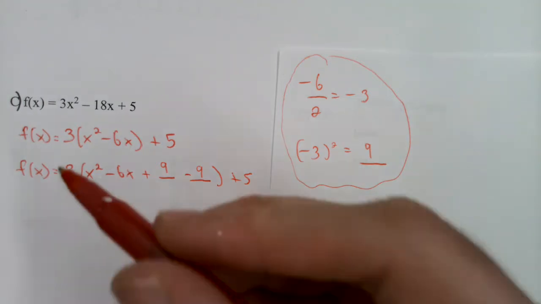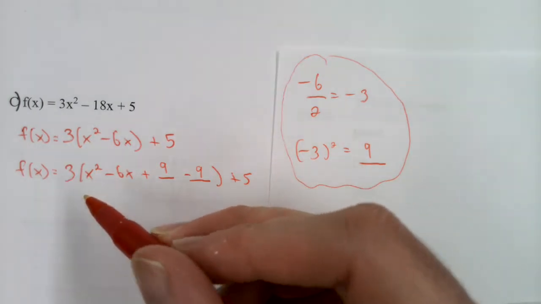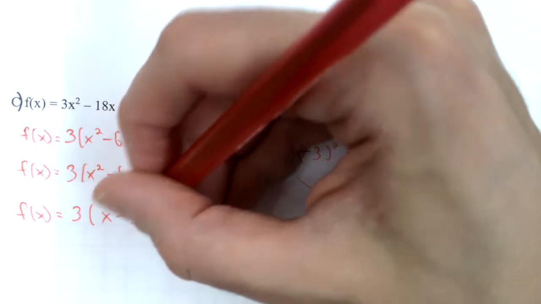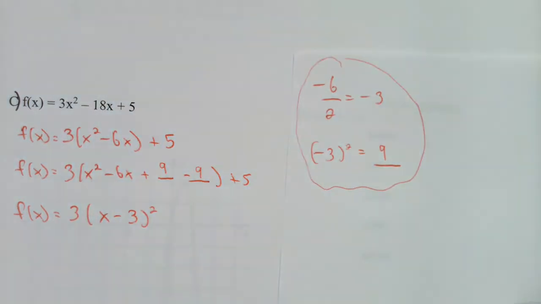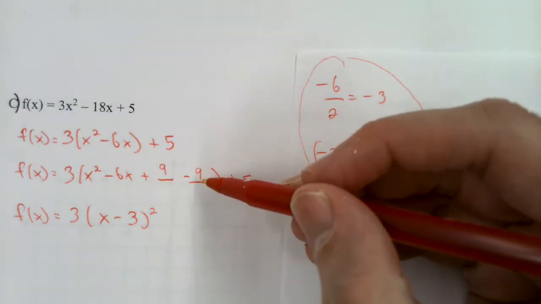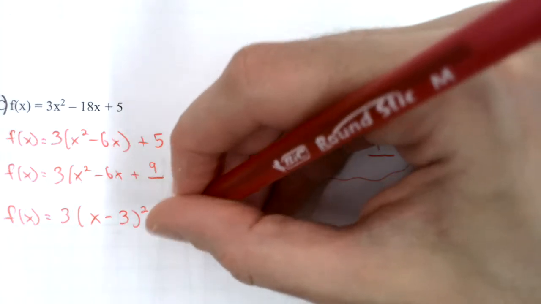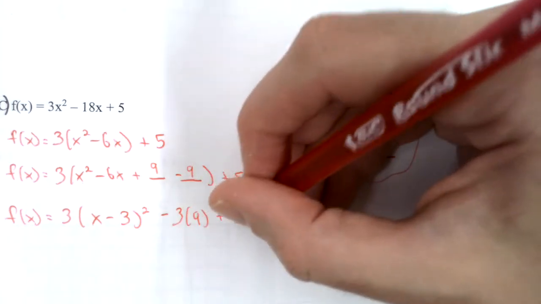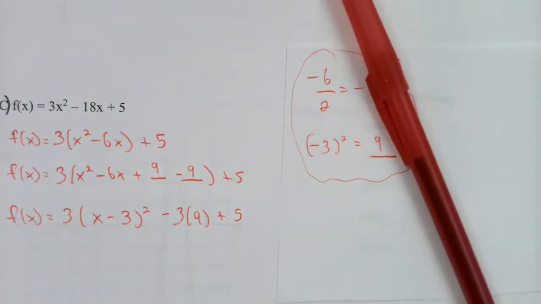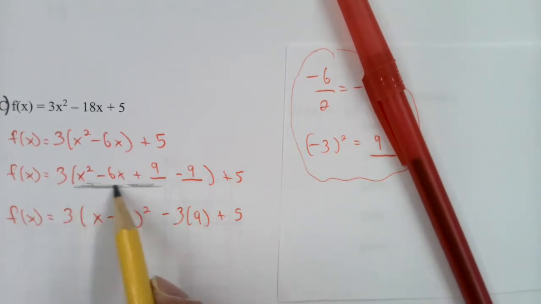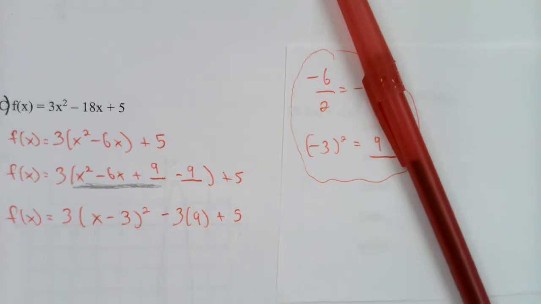And now we factor the first 3 terms. f of x equals 3 times x minus 3 squared. But we are not subtracting 9 now. You are going to be subtracting 9 times 3. So I'm going to say minus 3 times 9 plus 5. Okay? Because remember, these 3 terms right there that I'm underlining, that became x minus 3 squared.